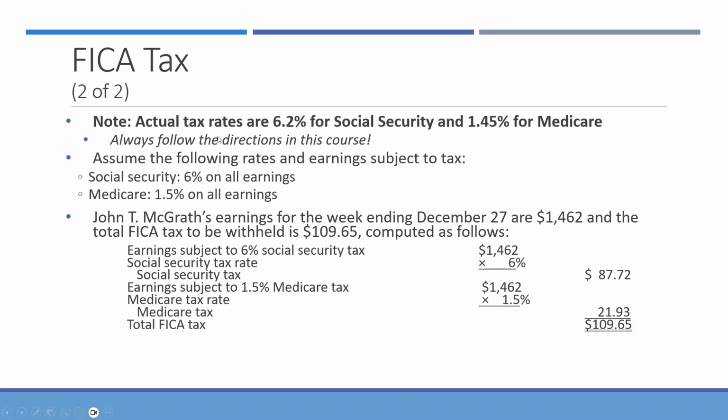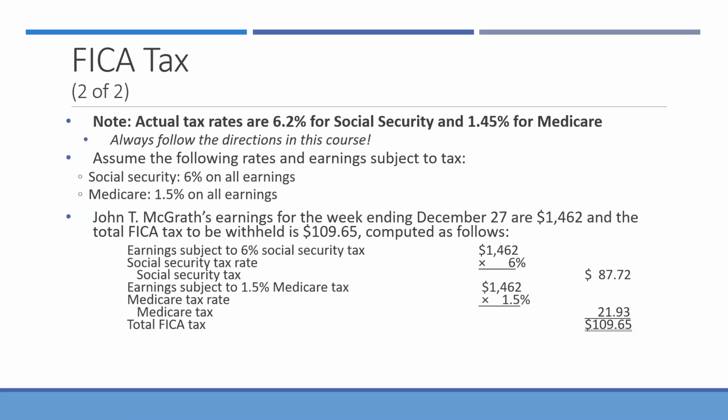And I also want to say that it's just super important to follow the directions in this course, because in the homework, it specifies in every problem that Social Security is 6% of all earnings, Medicare is 1.5% of all earnings. And that's just to make the calculations easier. It's not necessarily accurate, right?